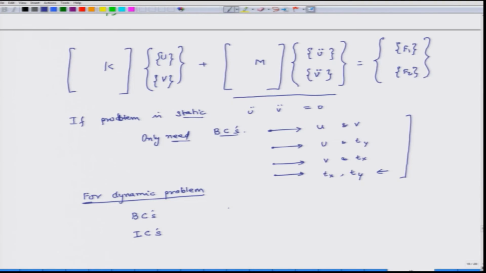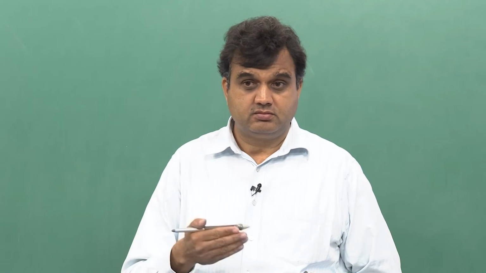That at time t is equal to 0, what is the value of u and v in the whole system, not at just one point, and also what are u dot and v dot. So once you know these, and the boundary conditions you already apply, right? Then what do you do? You integrate it in time.